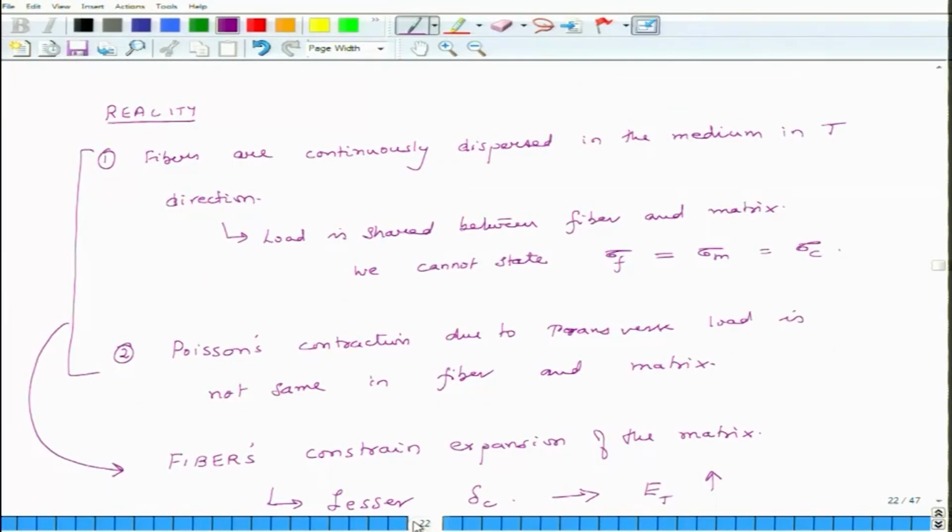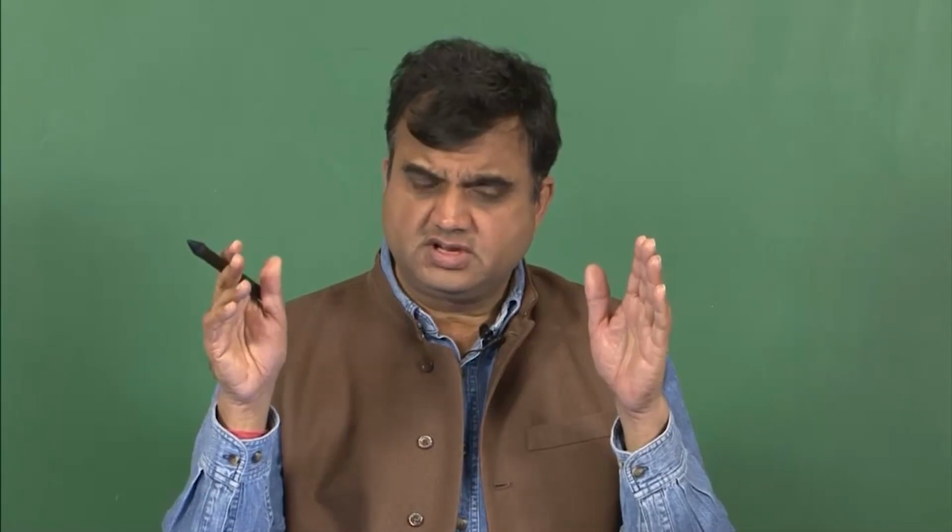Okay. So, to find the actual more reliable estimate of ET, there are several ways to solve this problem, but at least in context of this course we will not go to those methods, but rather I am going to share with you one result which gives reasonable good prediction of ET directly.